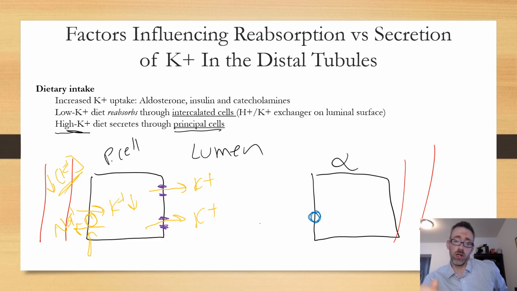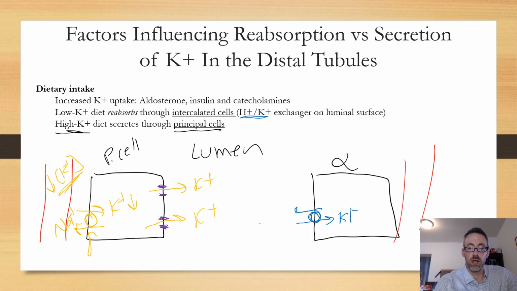In low potassium, we already know I'm not going to be secreting as much simply because I've reduced the driving force out of those principal cells. But at the same time, these intercalated cells can do an additional job. On the apical side of the alpha intercalated cells, they have a proton-potassium exchanger. What this does is bring potassium in exchange for a proton into the lumen. And this is an ATPase.